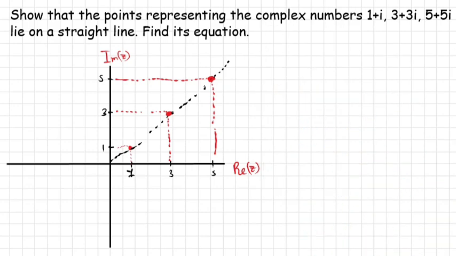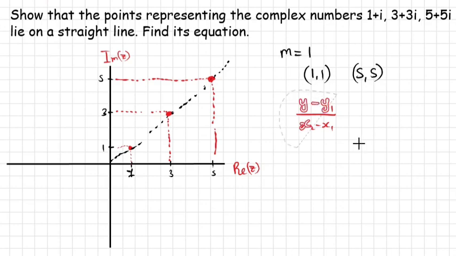Now, it says find the equation. So to find the equation, we know the gradient. The gradient is 1. And then I can choose any point.